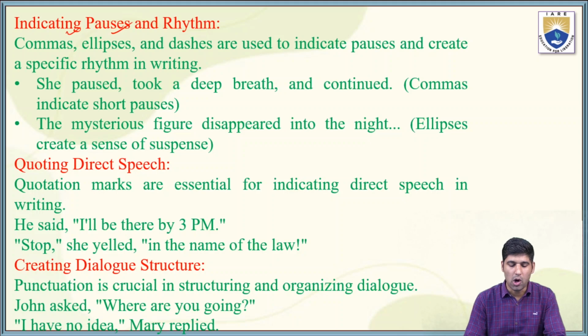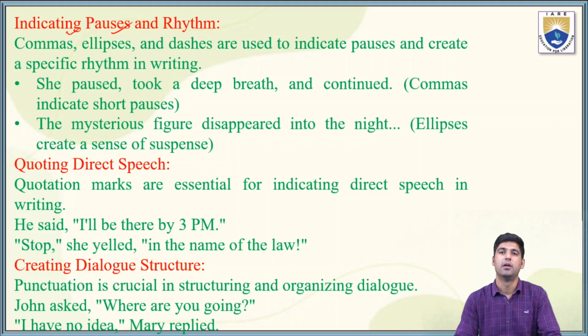Like, she paused, took a deep breath, and continued. Now see, the comma has been used. At every comma, I stopped for a smaller portion of time. It's not like, she paused took a breath and continued. That's wrong. It's like this: she paused, took a breath, and continued.